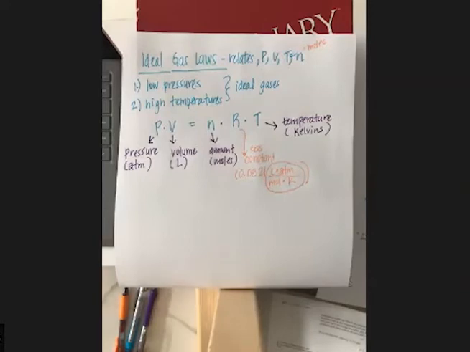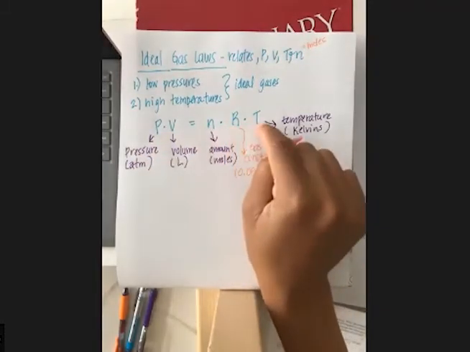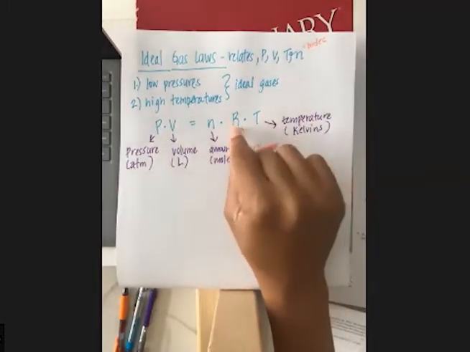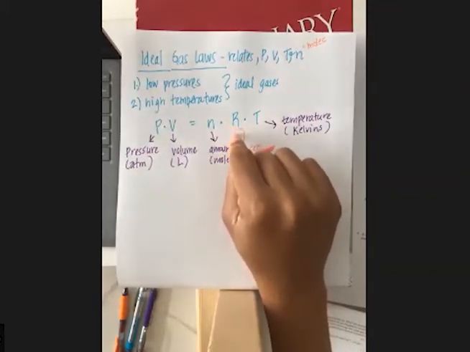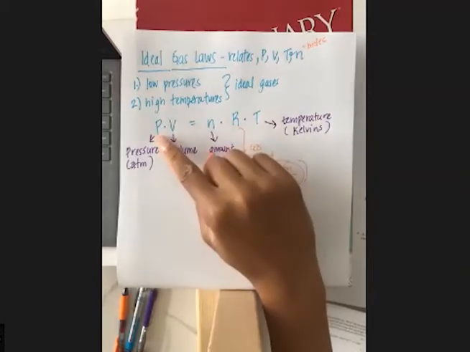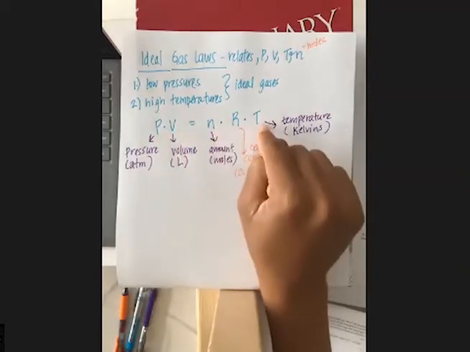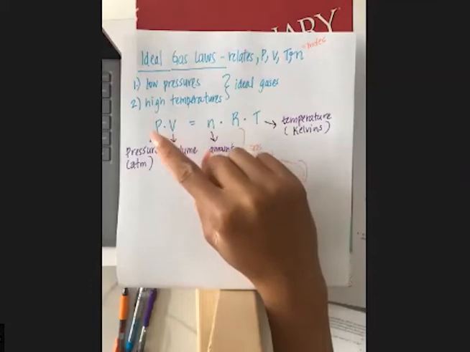Now, the main way we know to use the ideal gas law is when you have 3 of 4 of these variables. You're always going to have R. It's always going to be given to you. So the other variables, the P, V, N, and T, that's 4 variables that we care about.